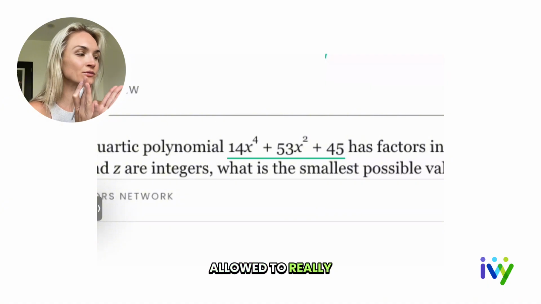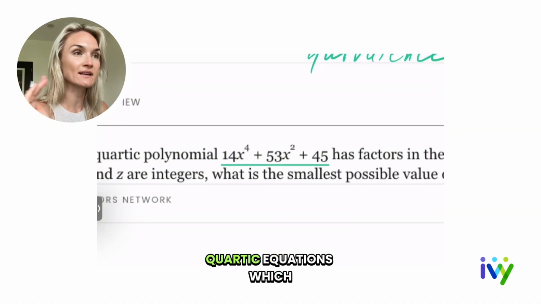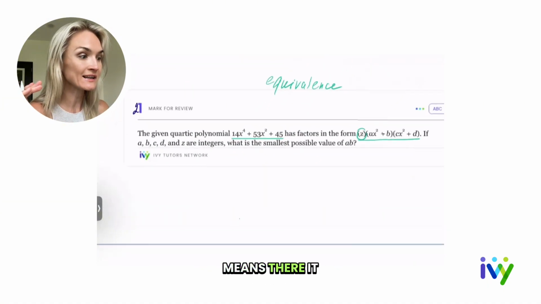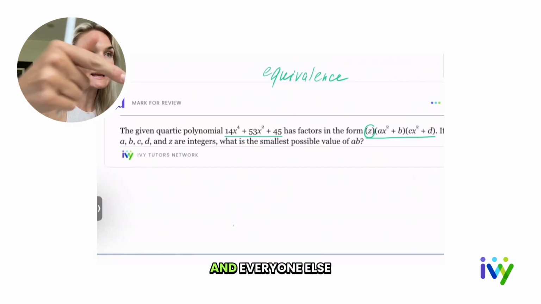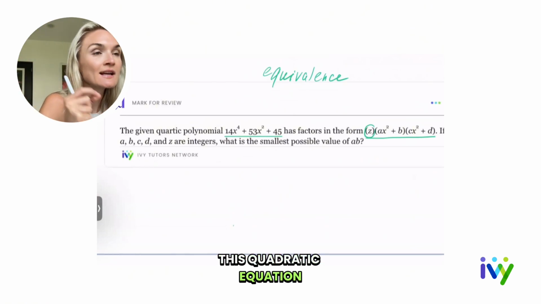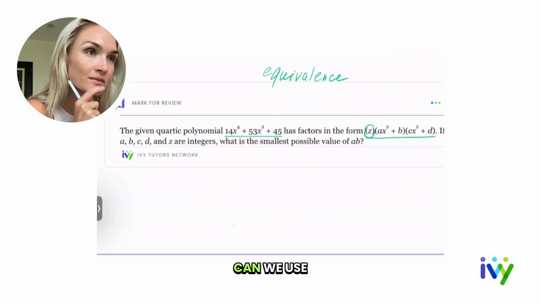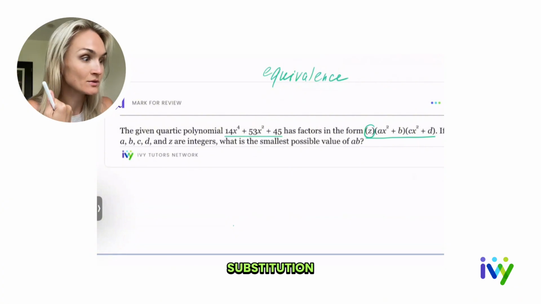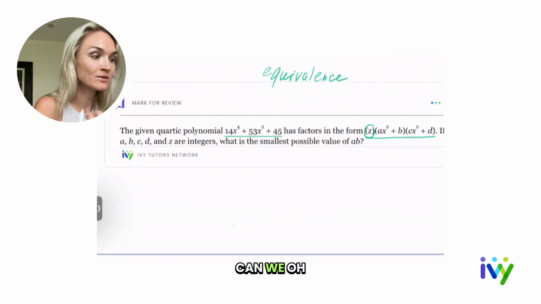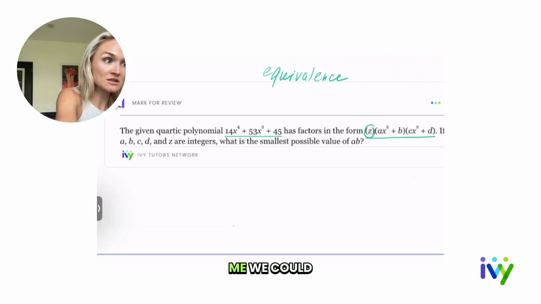They're not allowed to really test your knowledge of quartic equations, which means there must be a way for Salome and everyone else to think of this quartic equation in a creative way. What is that creative way? Can we use substitution?